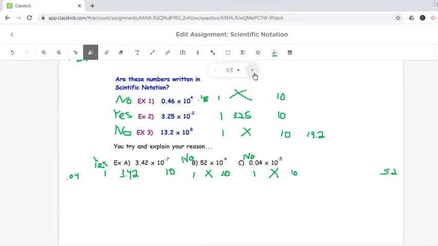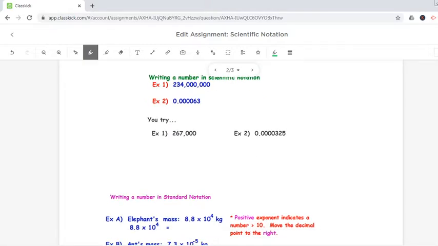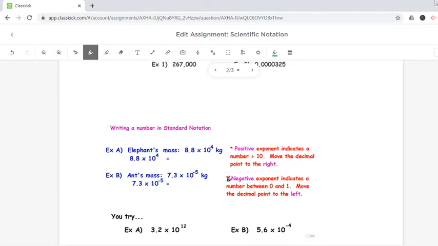Okay, we'll go to the next page. So, writing a number in scientific notation. Okay, we'll see the explanation right here.